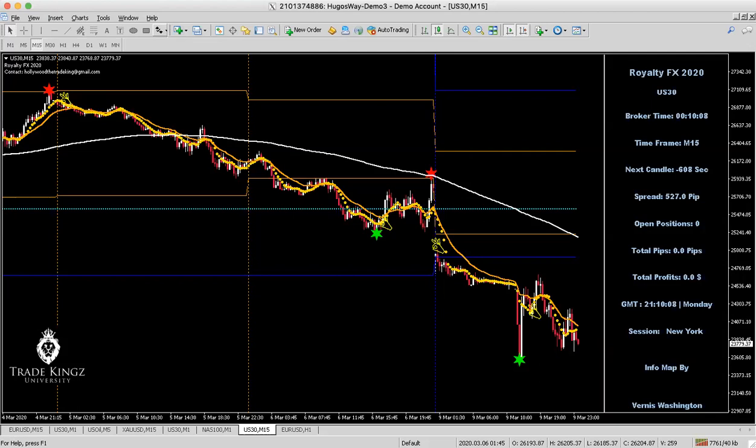Let me put it in the group here. Let's see if I can drag it over. All right, it's that one right there that I just sent. Where did you send it? I sent it into the Telegram group. I don't know if you have Telegram. I do. You do? Okay.